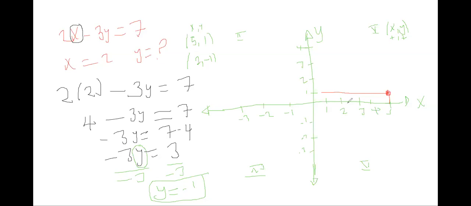When x is 2, y is what? -1. So they will meet around here. This is also a solution. We can even call this point A and point B. A is a solution to the linear equation, and point B is also a solution.